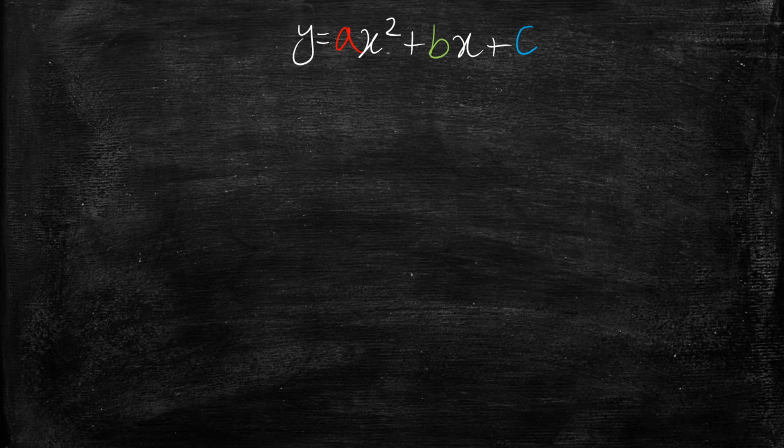Nice. So the vertex, the coordinates of the vertex, we need the x and the y of it, and they're separated by a comma. Those are the coordinates. The x of it is minus b divided by 2a.